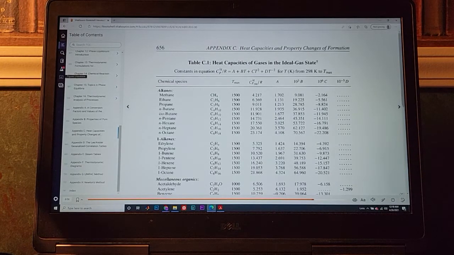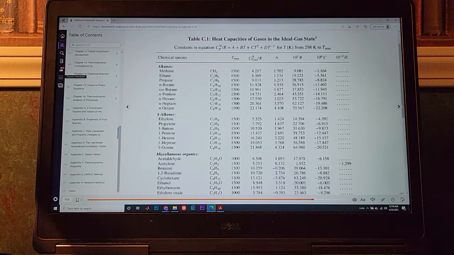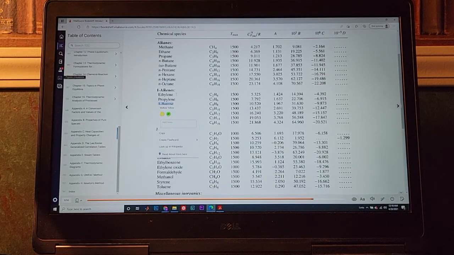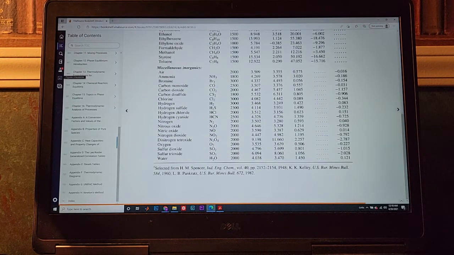Pulling up table C1 really quick, we have the heat capacities of gases in the ideal state. We have butene right here, 1,3-butadiene right here, and hydrogen right here.